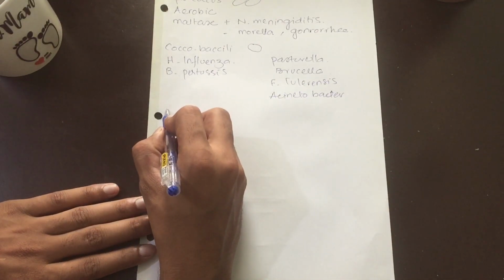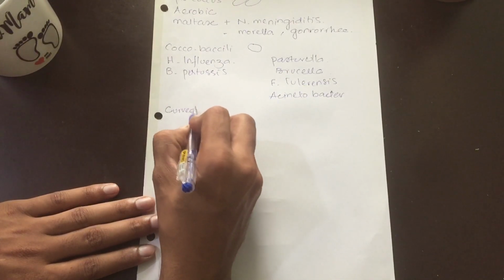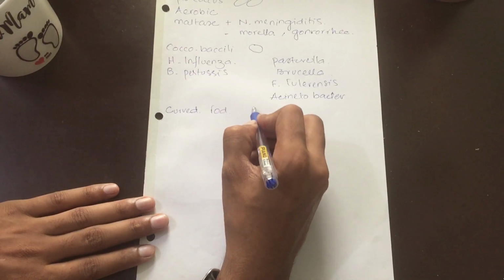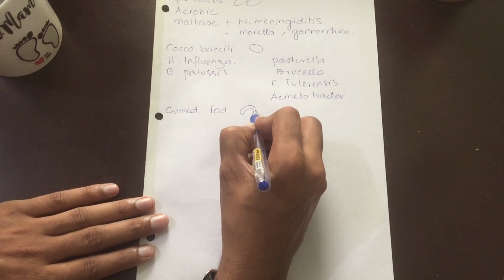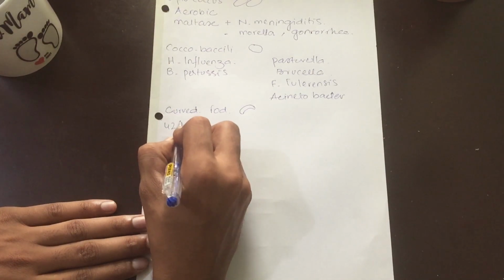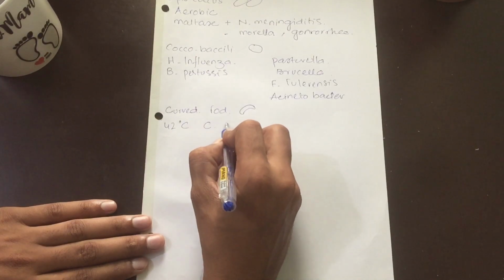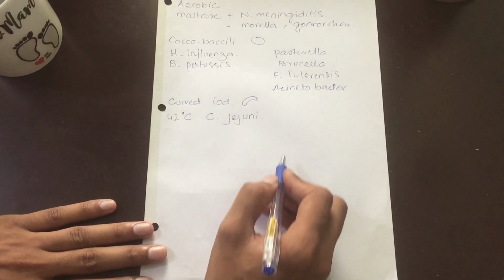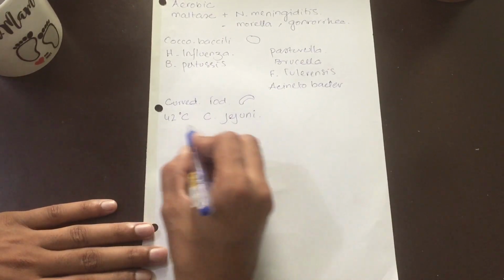Then we have another family of curved bacteria, curved rods like this. The first one, which grows at 42 degrees centigrade, is Campylobacter jejuni, very important in ascending paralysis, Guillain-Barré.